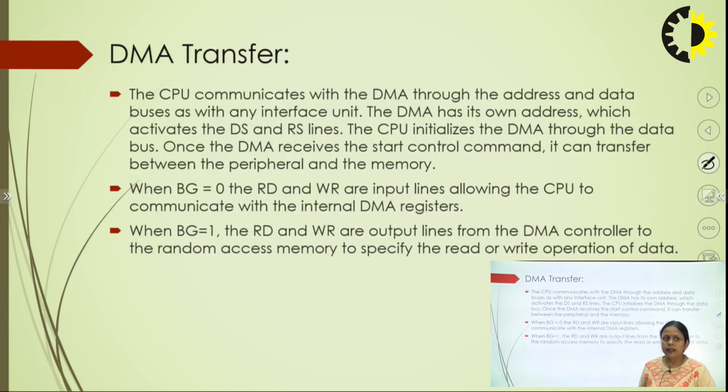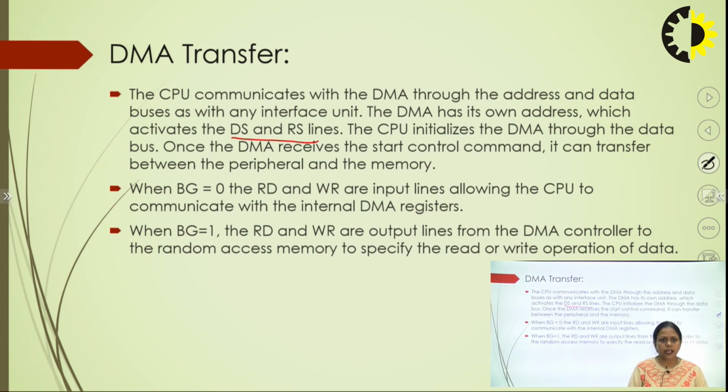Now, DMA transfer. The CPU communicates with the DMA through the address and data buses as with any interface unit. The DMA has its own address which activates the DS and RS lines, which I have already told you. By the help of these lines the CPU can select the DMA controller.